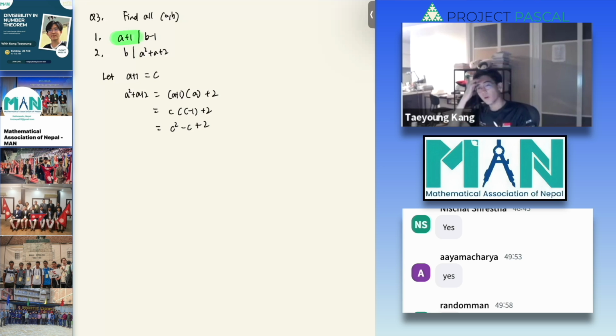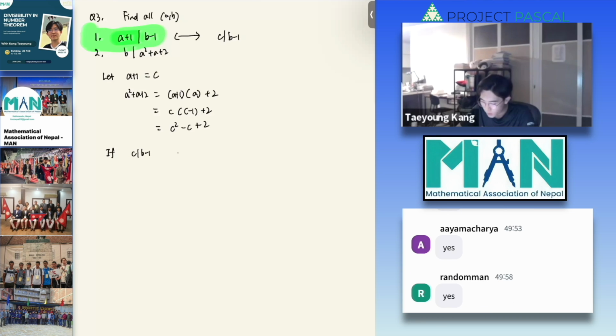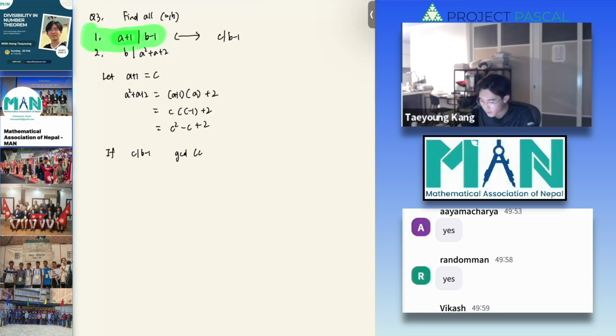So what conditions do we have from this first condition? The first condition rewritten is that C divides B minus 1, right? And what did I mention earlier? If C divides B minus 1, GCD of C and B is equal to 1.